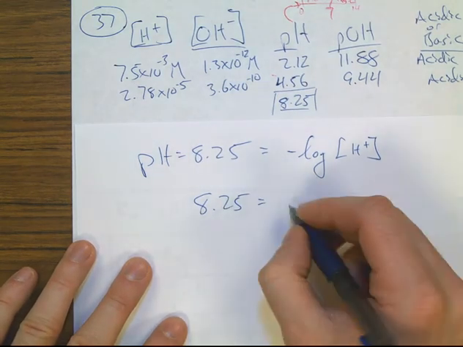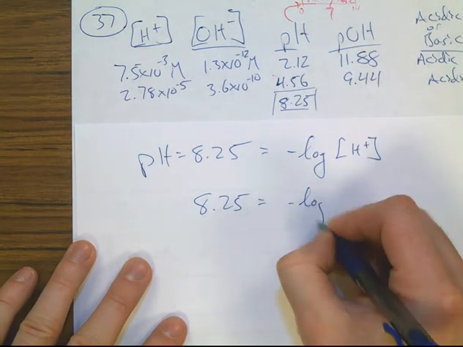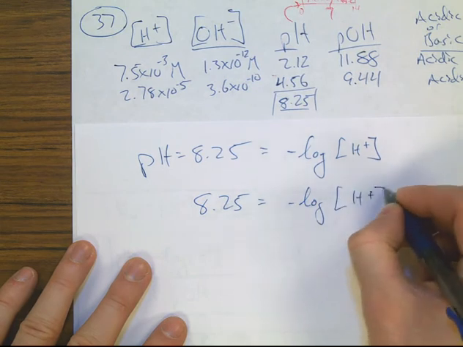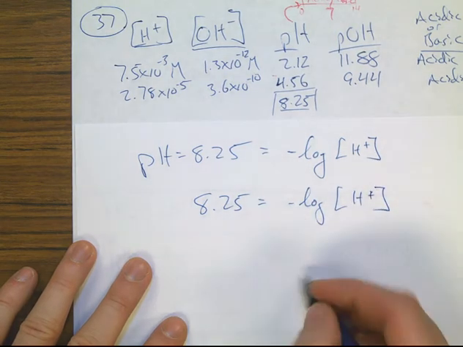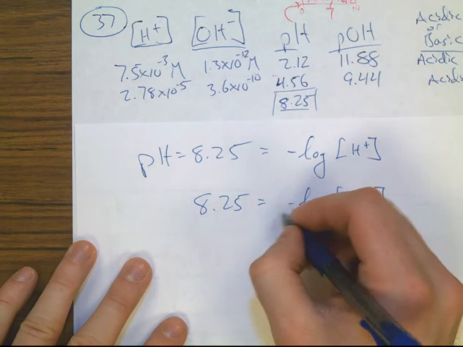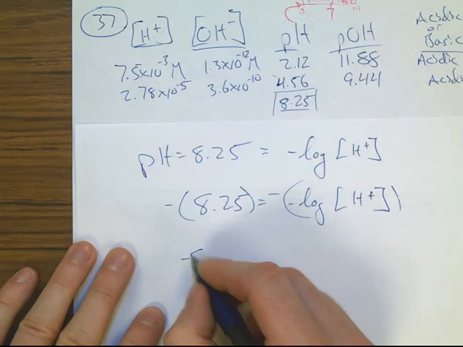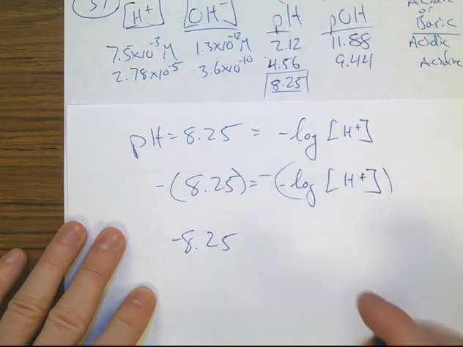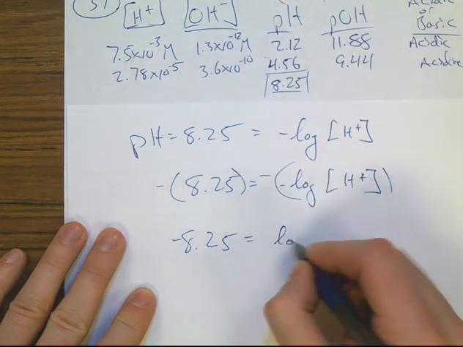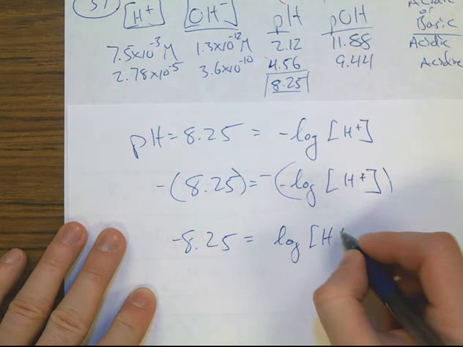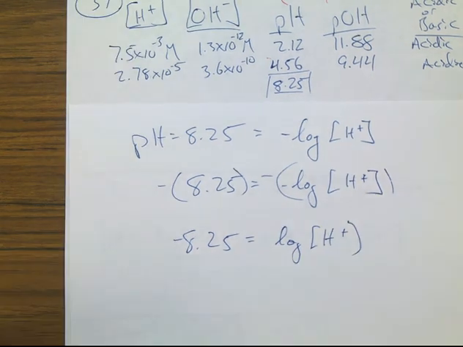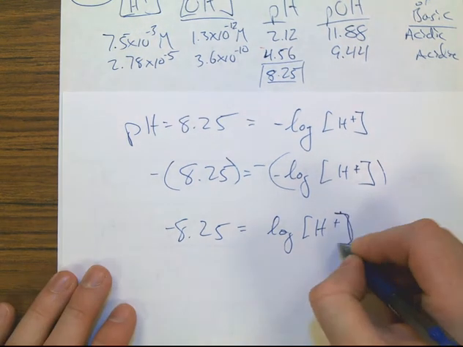So 8.25 equals negative log of hydrogen ions. Since this side is negative, I'm going to multiply both sides by -1. So you get negative 8.25 equal to positive log of hydrogen ion concentration, because the negative times the -1 obviously becomes positive.